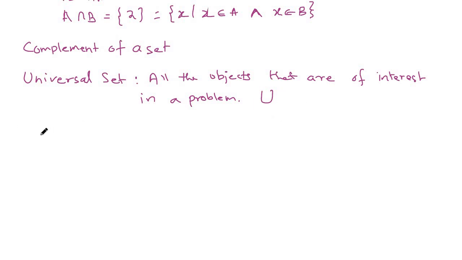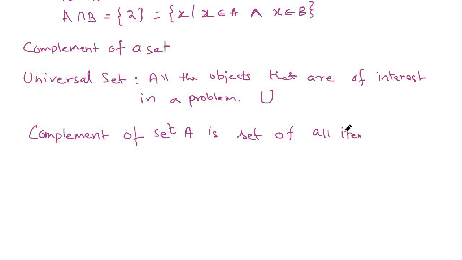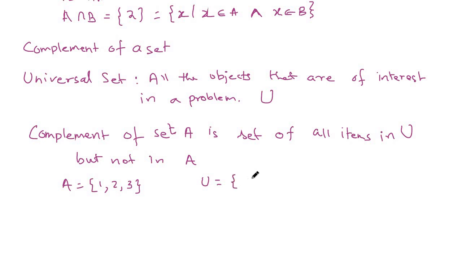So the complement of set A is the set of all items in U, but not in A. So for example, A is 1, 2, 3, and the universal set is the set of natural numbers: 1, 2, 3, and so on and so forth.